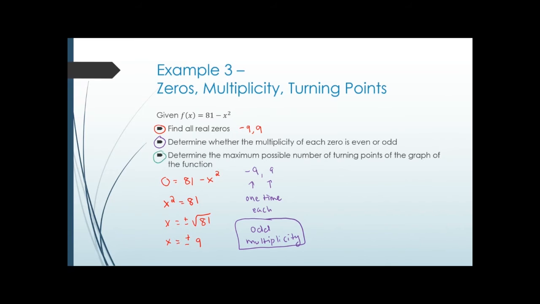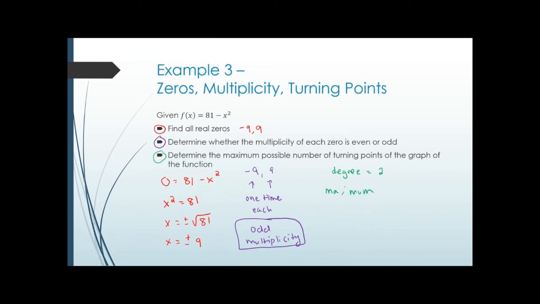Now the last one, determine the maximum possible number of turning points of the graph of the function. That goes back to the degree, the highest exponent. Our degree is 2, and the maximum number of possible turning points is always 1 less than that.